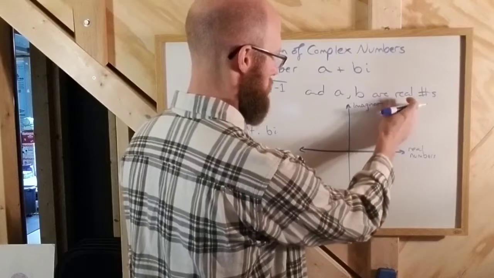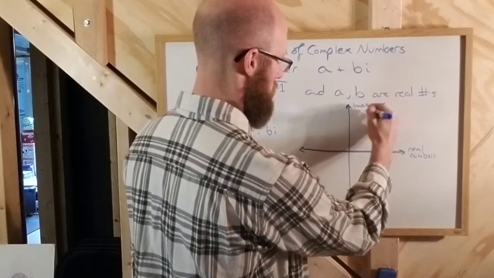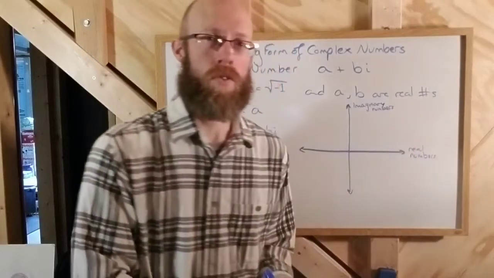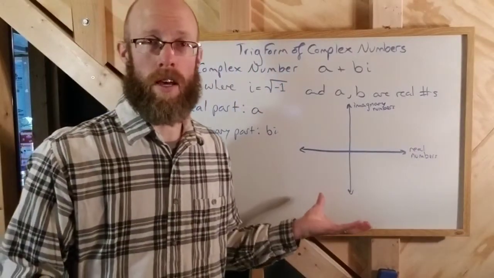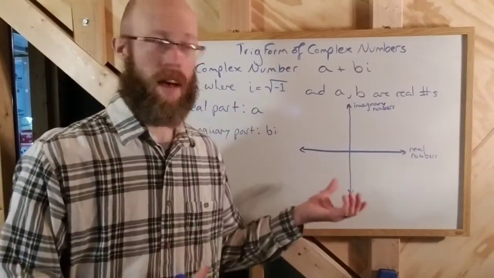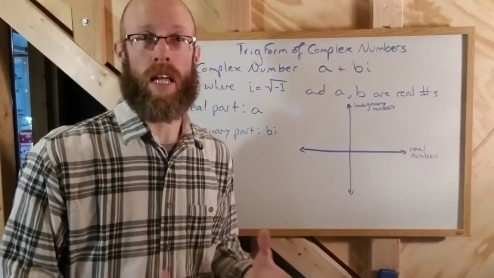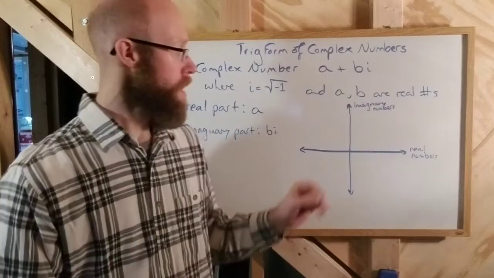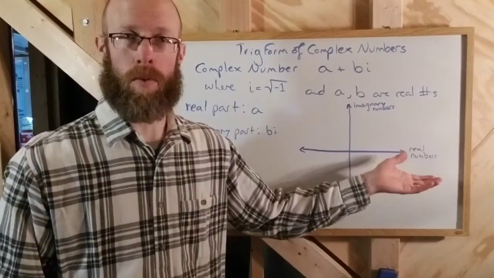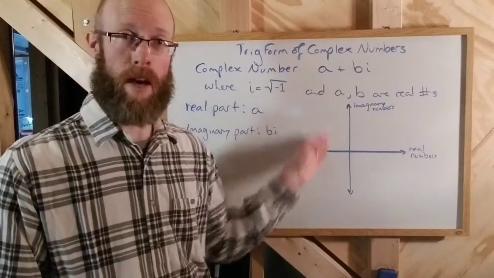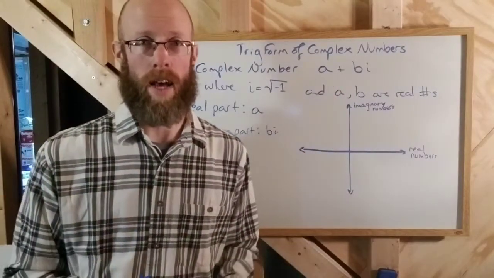Now we have what looks like an xy set of axes. You've got the real number line, or the real axis, kind of like an x-axis, and the imaginary number line, or the imaginary axis, kind of like the y-axis.